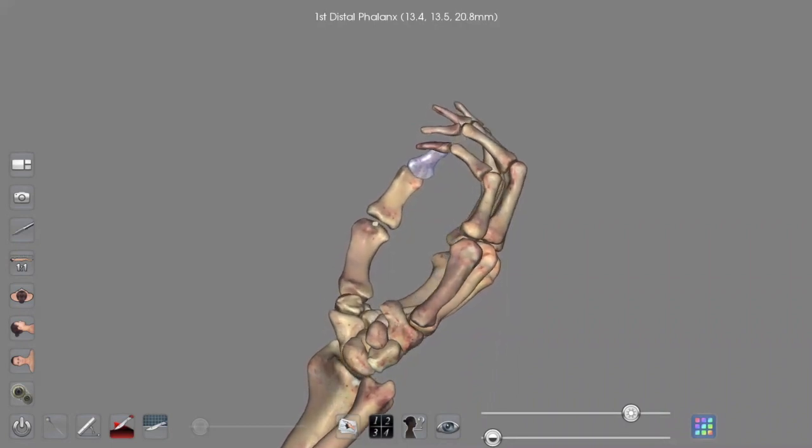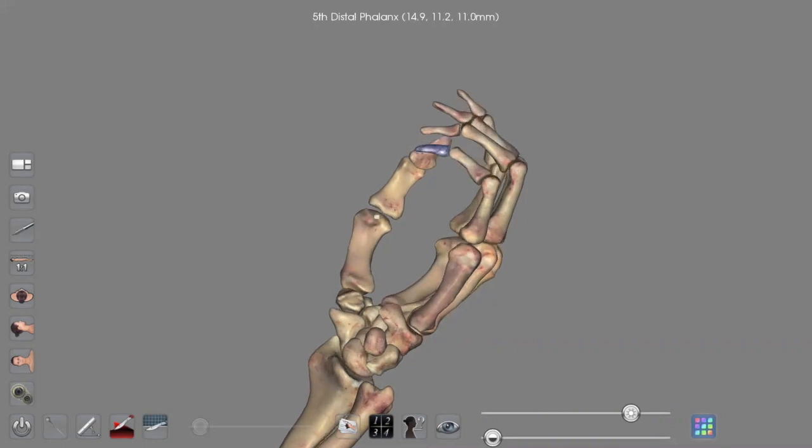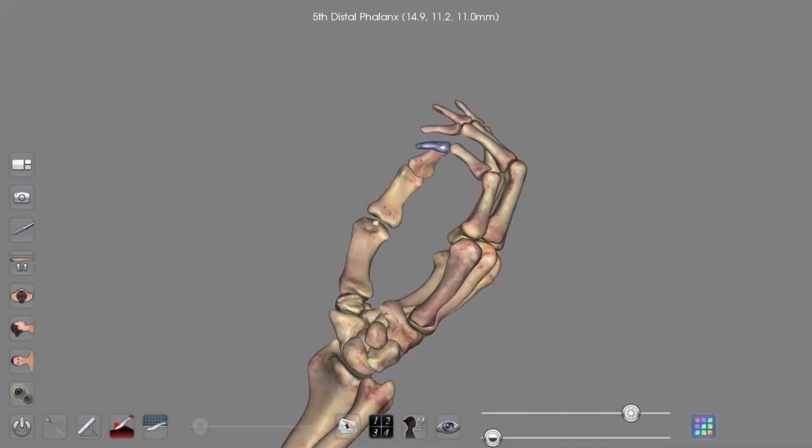Again, the articulation between the metacarpal and the proximal phalange is known as the metacarpophalangeal joint. The articulation between the proximal phalange and the middle phalange is our proximal interphalangeal joint. And then the articulation between the middle phalange and the distal phalange of fingers 2 through 5 is the distal interphalangeal joint, or DIP.